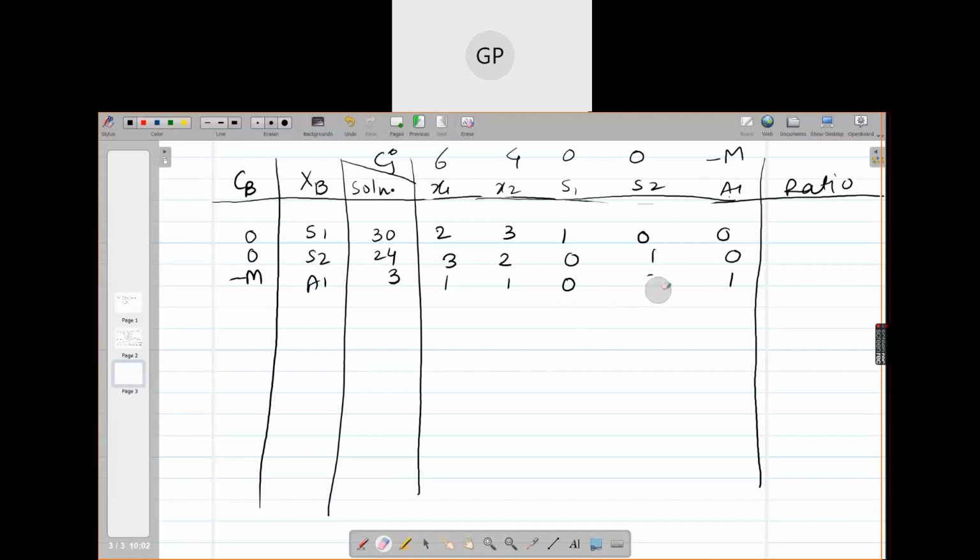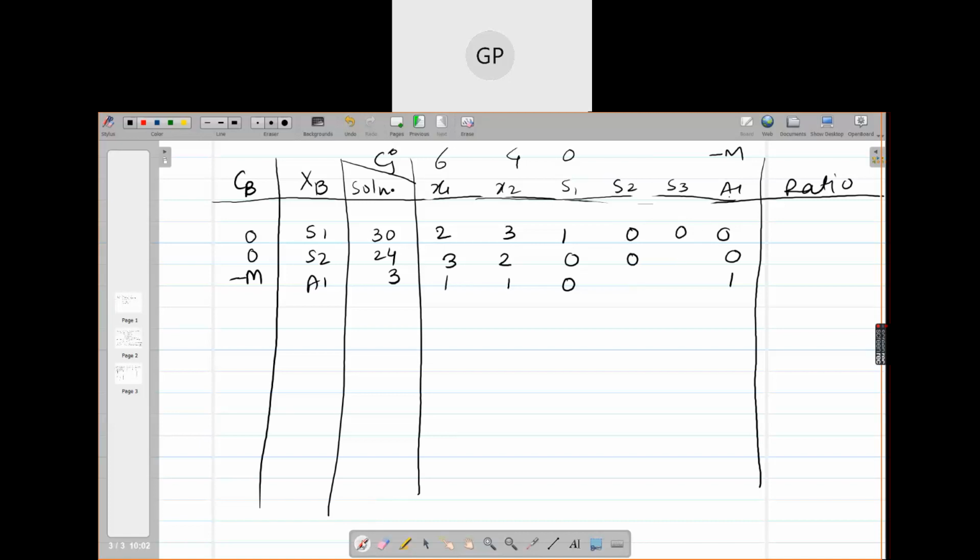Ma'am, you did not write the S3. S3? Yes, ma'am. Oh, in the Cj. Sorry. Initially, I made that space. Okay, S3, let me write it. Yeah, this is minus M. S1, S2, S3. So this is 0, 0.